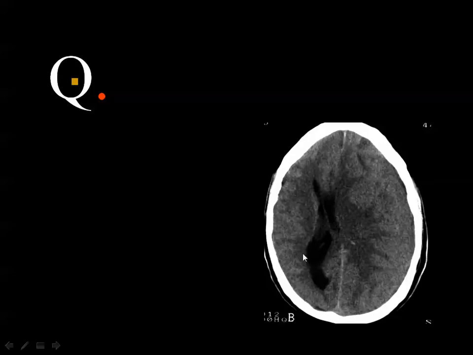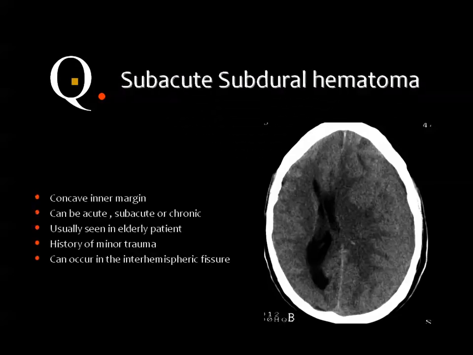Then the diagnosis is subacute subdural hematoma, which is exactly isodense to the brain.